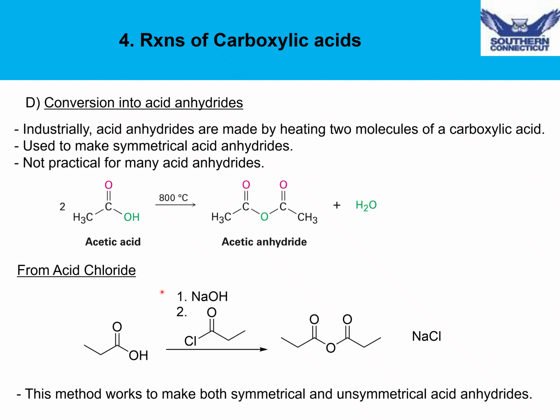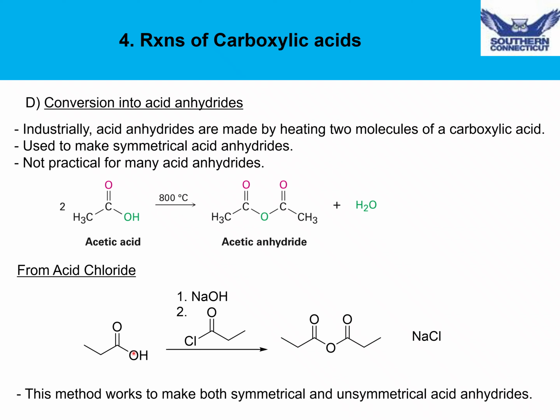So an alternative method to make anhydrides is from an acid chloride. So if we take a carboxylic acid and we add base, we will deprotonate this hydrogen, make that oxygen more nucleophilic. That oxygen can now attack an acid chloride, do an acyl substitution, and eliminate this chlorine.